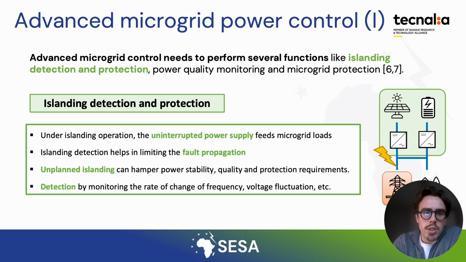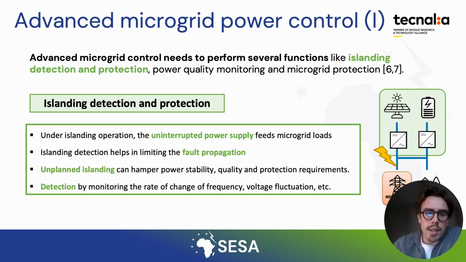Islanding detection and protection is a key functionality for advanced microgrid power control. So under islanding operation, the uninterrupted power supply system feeds the microgrid loads. This islanding detection capability can help to detect and limit fault propagation.